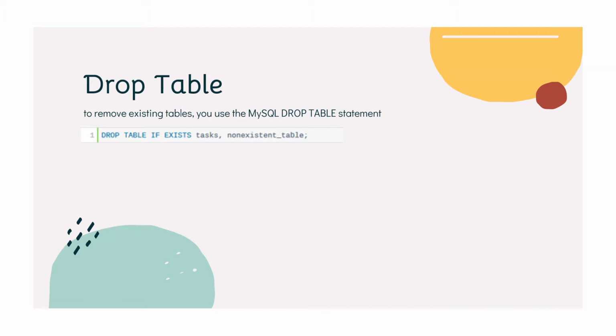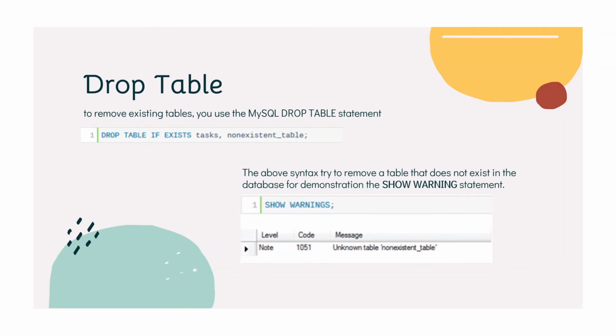So we want to drop table if exists, and the tables that we want to remove are task and a non-existent table. The statement removes the task table and the non-existent table, and you can see that if we use the show warnings statement, we will get a warning message.